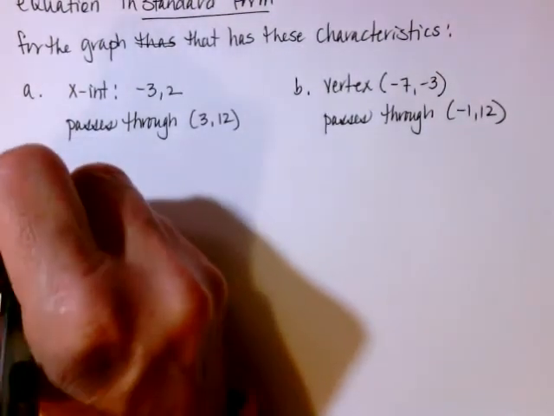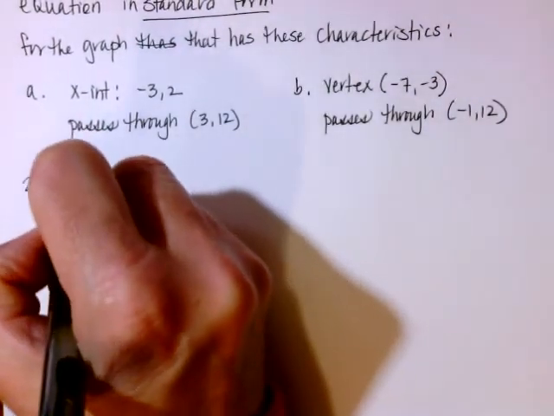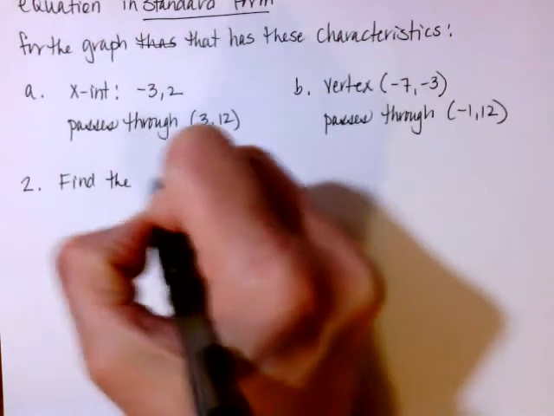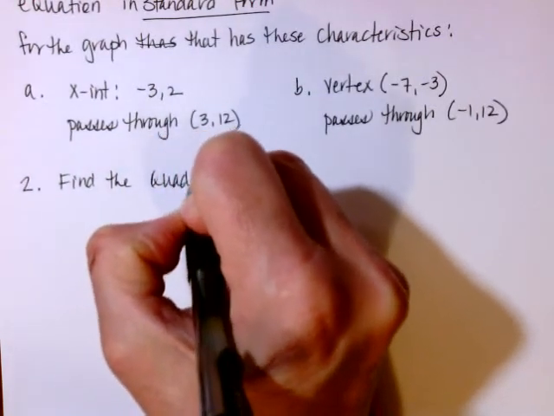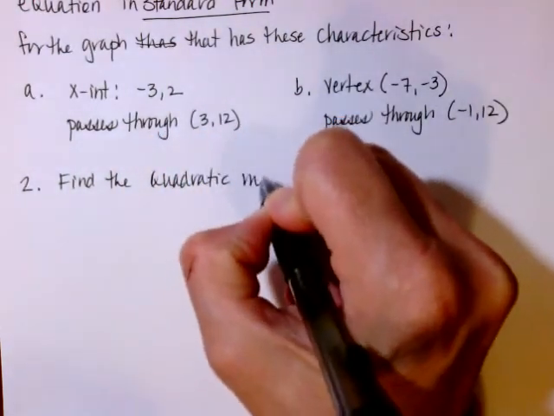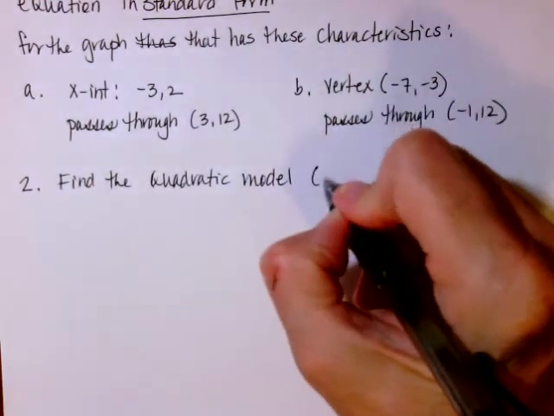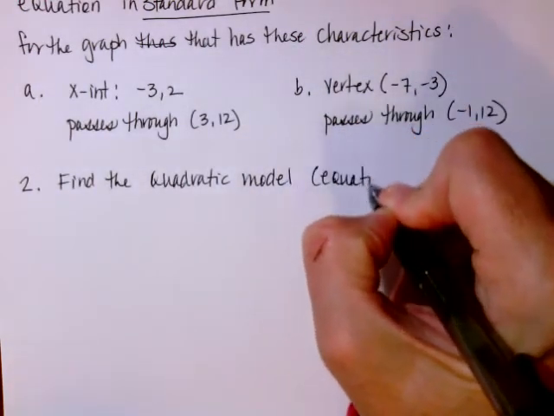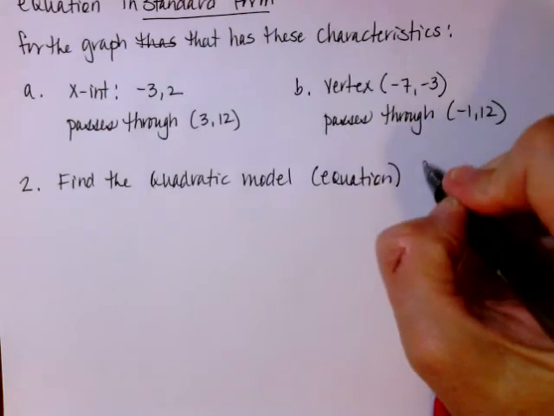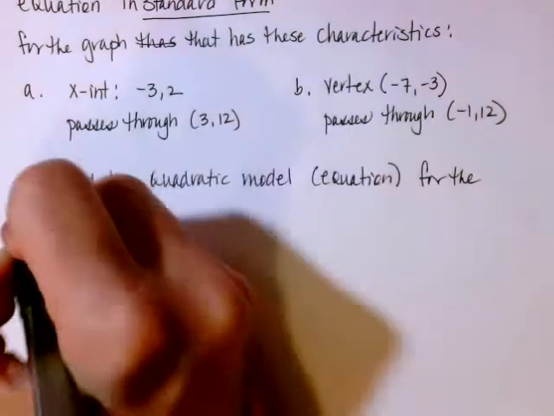The next problem that I'm going to have you do is I want you to find the quadratic model. And remember, when you're asked to find a model, that means find the equation for the following data set.